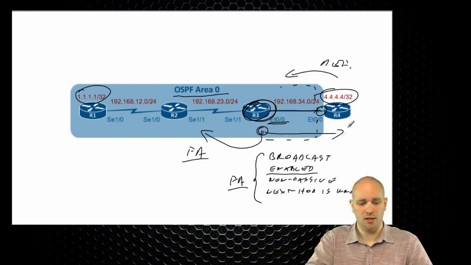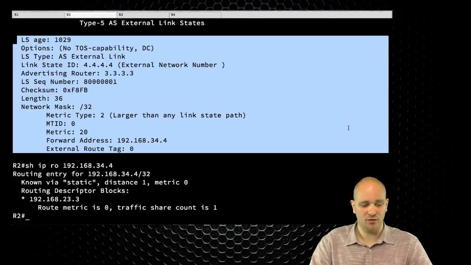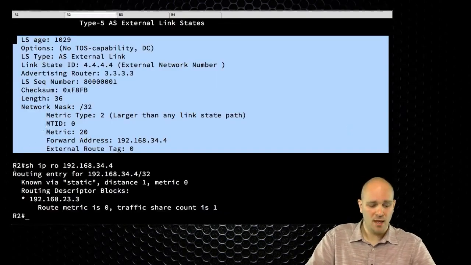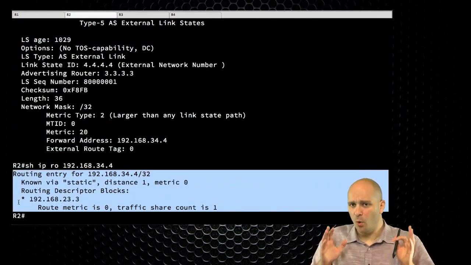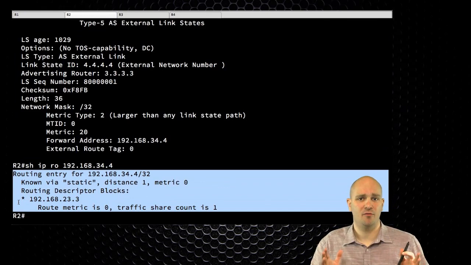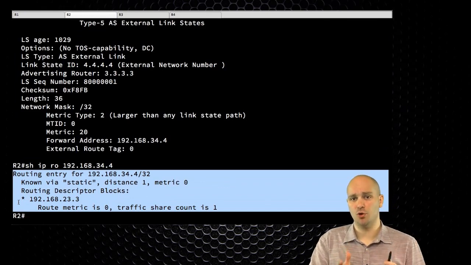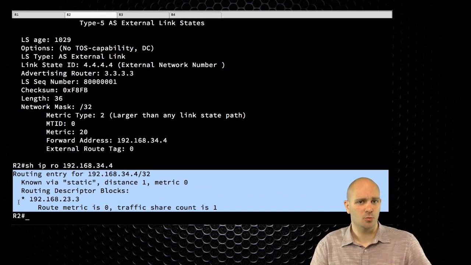There is another solution, and that is taking this static route that we have on R2 and removing it from the routing table. Now, one of the big things that I have with many of my students going to the CCIE lab is that they think that this would be a valid solution. Oh, let's just remove the static route and be done with it.